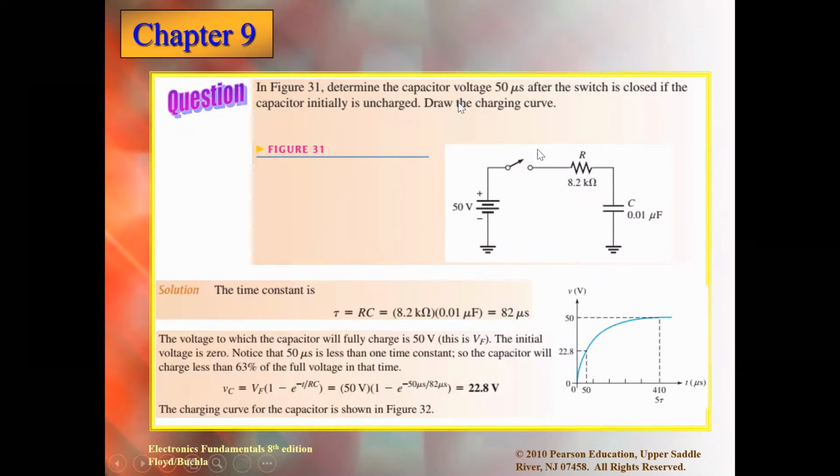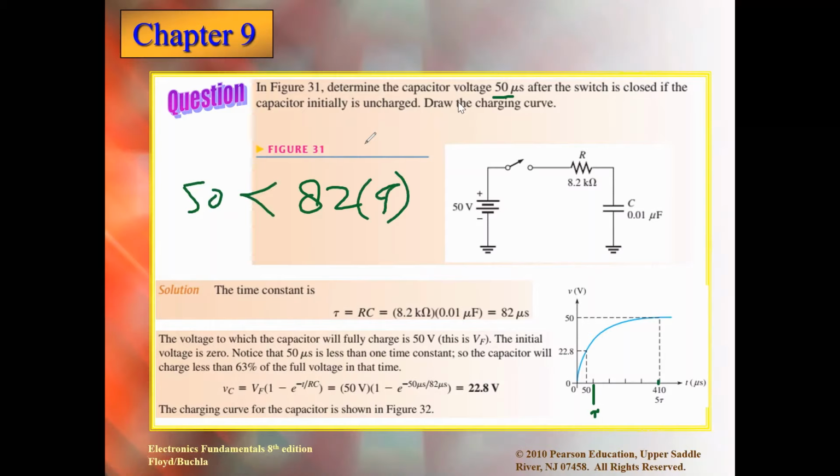So this is the charging curve which you can see here. The shape is always a rising exponential. Now this is 1 tau, this is 5 tau. Because you know that the time, which is 50, is less than 82, which is tau, it is definitely going to be somewhere below this.